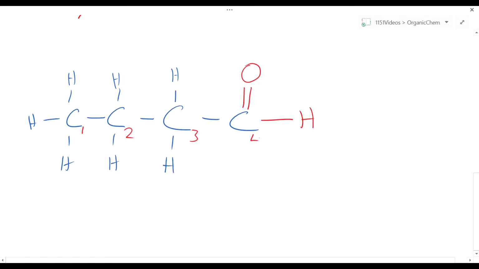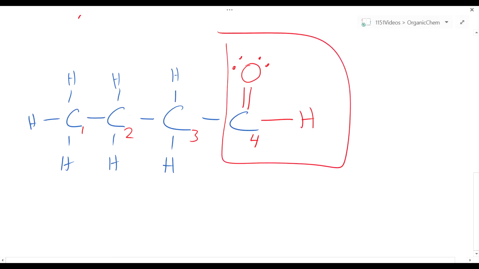So this fourth carbon has 4 bonds. He's happy, he's got his octet, and we have a hydrogen as well as the corresponding double-bonded oxygen. This functional group is an aldehyde. That's the -al at the very end: aldehyde.